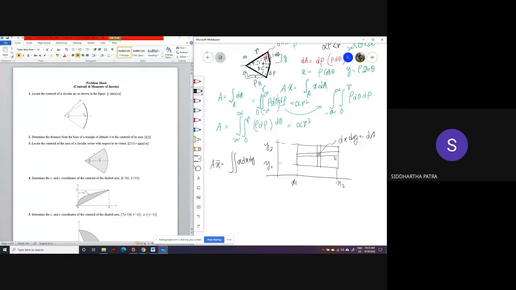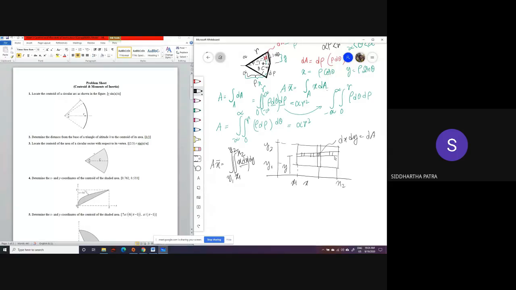The limits on x are x1 to x2, because this is my inner integration, and limits on y are y1 to y2. As I mentioned earlier, when I'm doing the inner integration, I'm keeping the outer integration variable fixed. It means I'm keeping y fixed. This integration is happening over this strip.